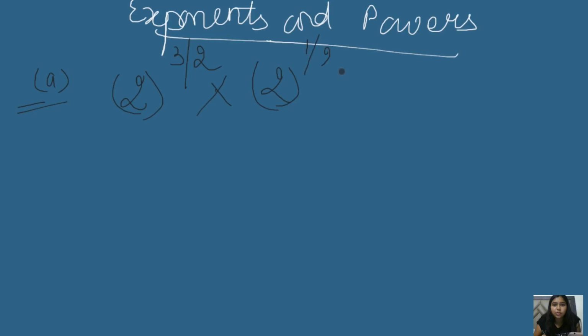In that case, by applying the rule a raised to the power m multiplied by a raised to the power n is equal to a raised to the power m plus n, we just have to solve this question like 2 raised to the power 3 by 2 plus 1 by 2, which will be equal to 2 raised to the power 2.